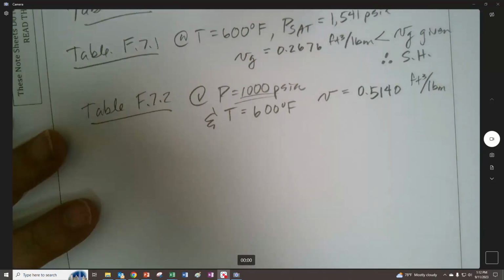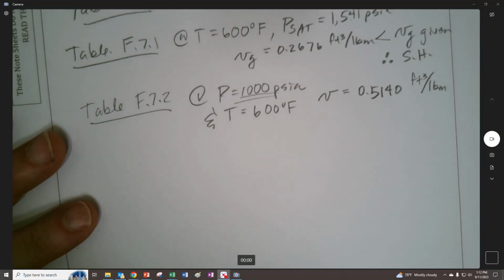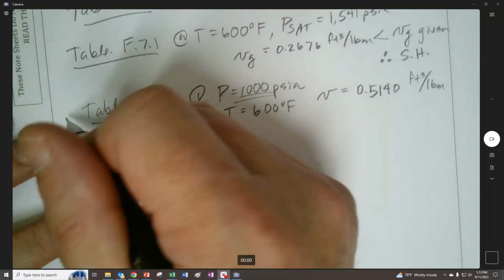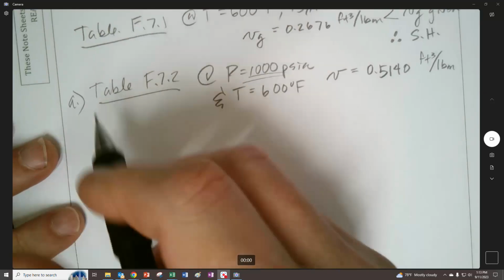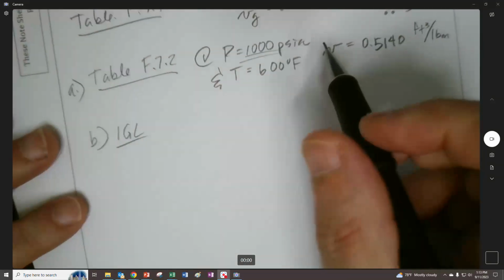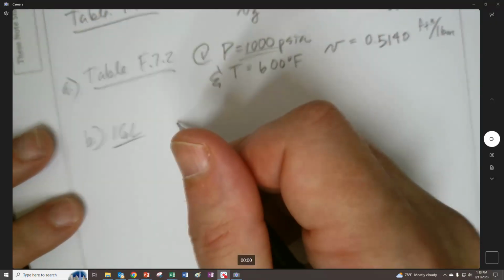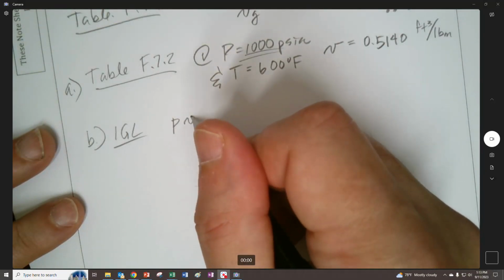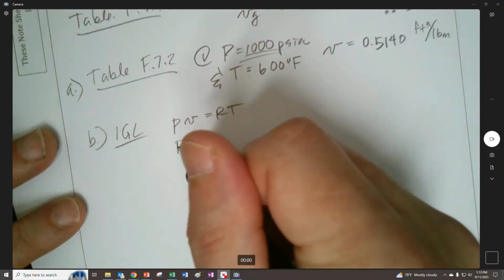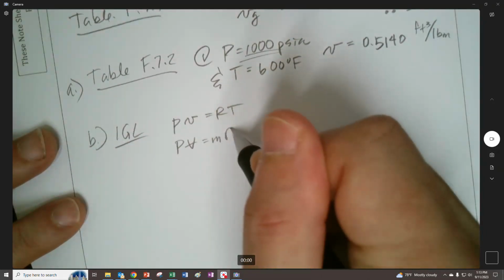All right. So in the next part of it, we can use the ideal gas law. This was probably part B, the ideal gas law. We already got the R. So remember PV equals mRT.